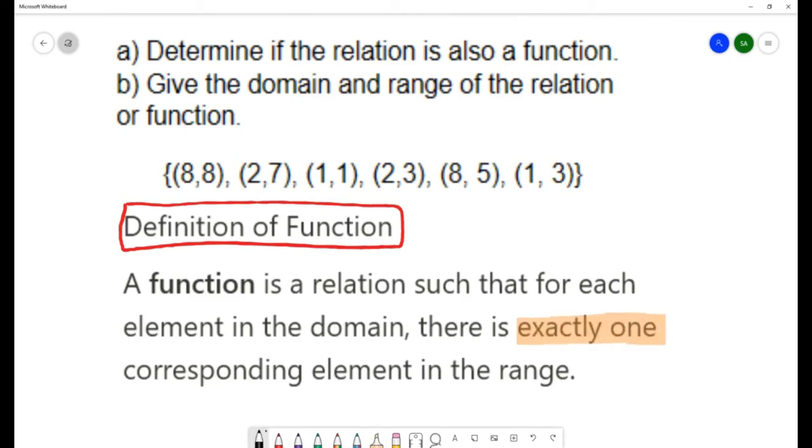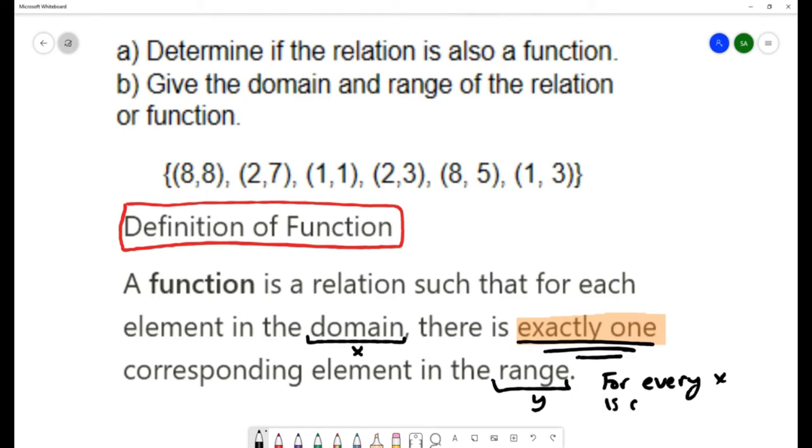So for each element in the domain, that's each x, we have exactly one element in the range, that's the y. So for every x, there is one y. So that's what we want to focus on when we're deciding whether this is a function.